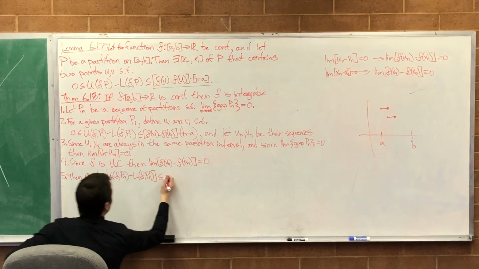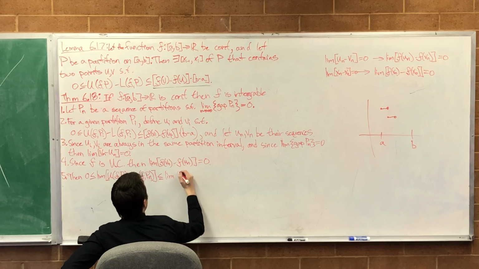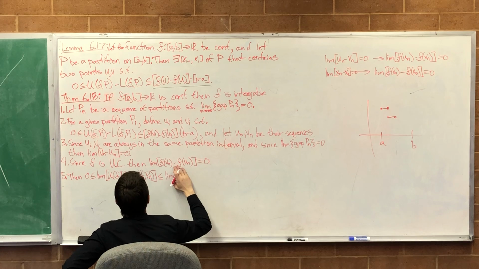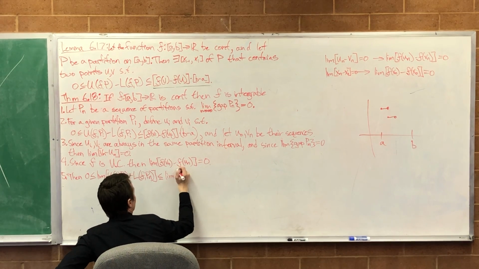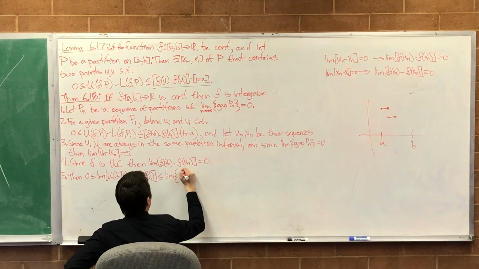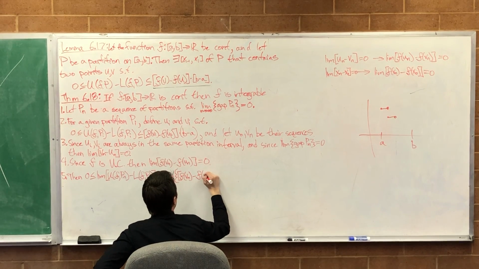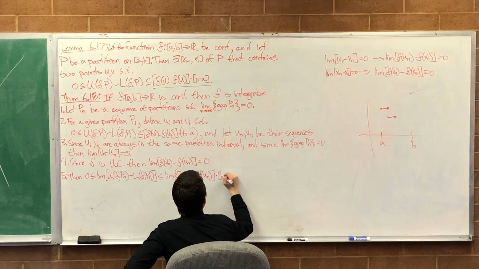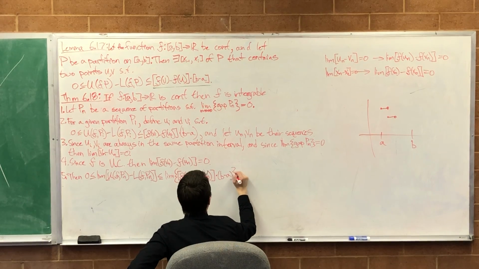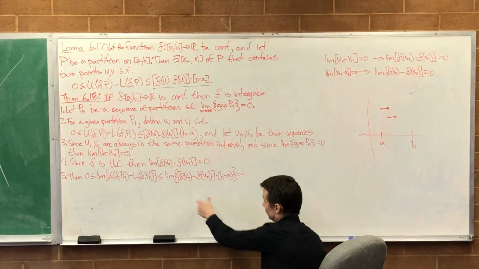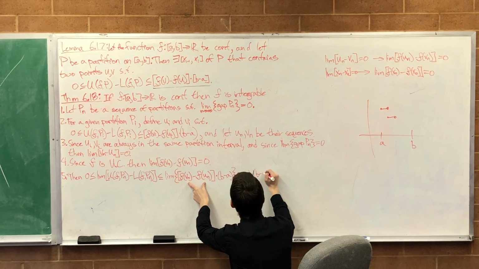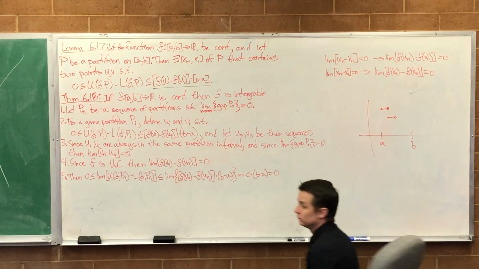which is less than or equal to the limit of, gotta do two things here, so I'll use curly braces, of f of Vn minus f of Un times b minus a, which is equal to, we know that this goes to 0, times b minus a, is equal to 0.